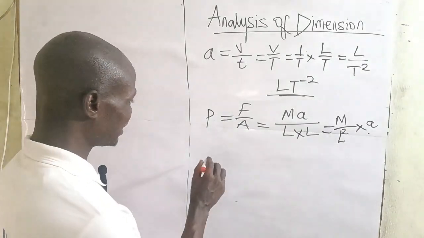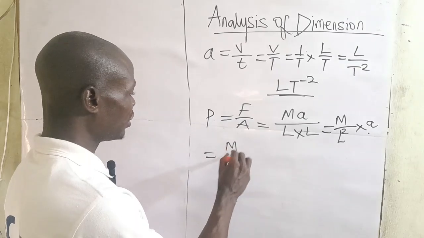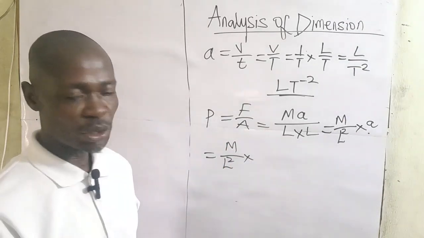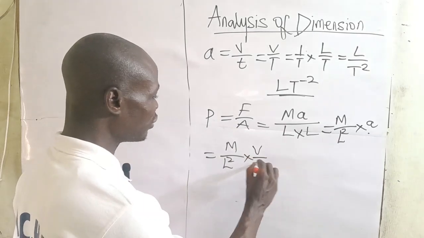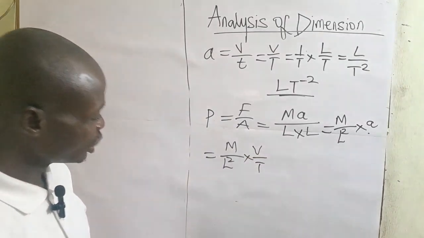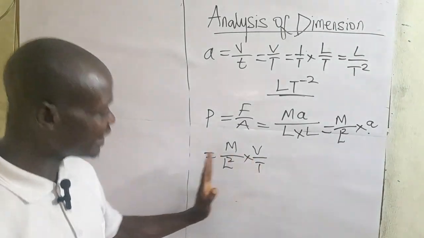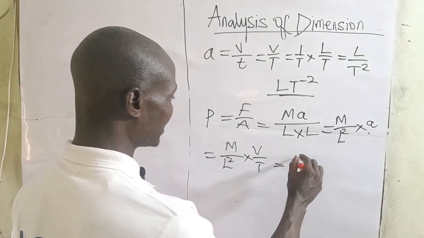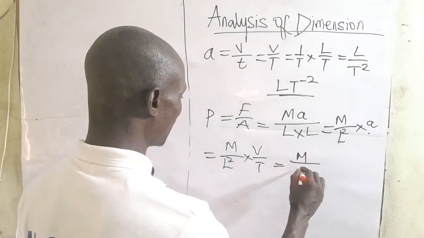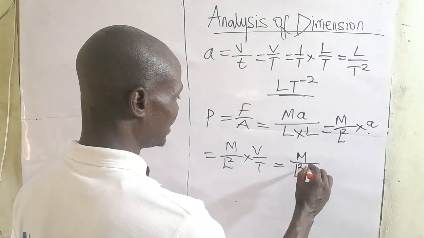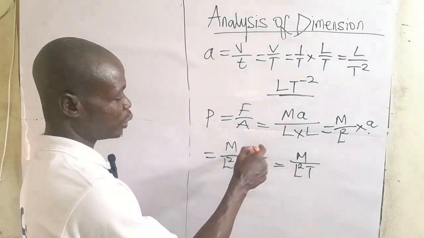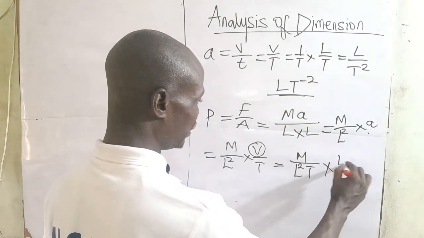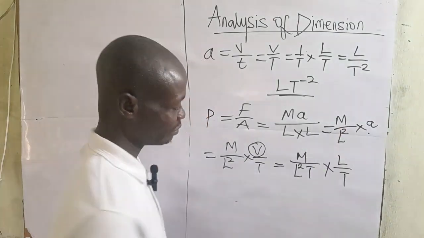So what I'll do next is M over L squared, then define acceleration as velocity change over time. Bringing that down in the same position, I have M over L squared, then T. Then I will define velocity as displacement over time.